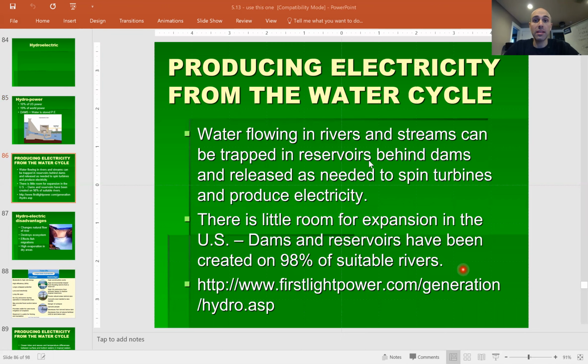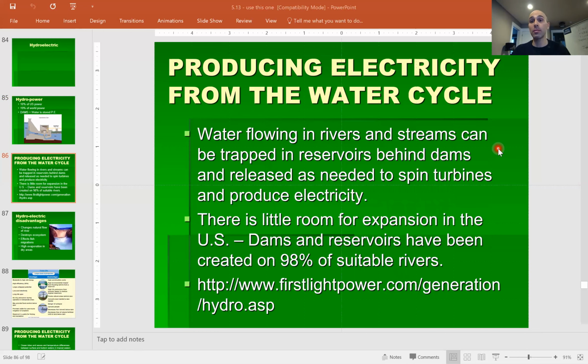Moving on, we see producing electricity from the water cycle. Water flowing in rivers and streams can be trapped in reservoirs, behind dams, and released as needed to spin turbines and produce electricity. There's little room for expansion in the US. Here's the downfall. 98% of the dams and rivers have been used up. Think about it.